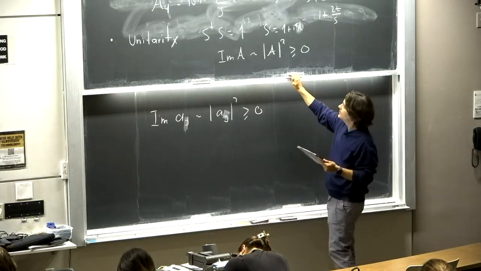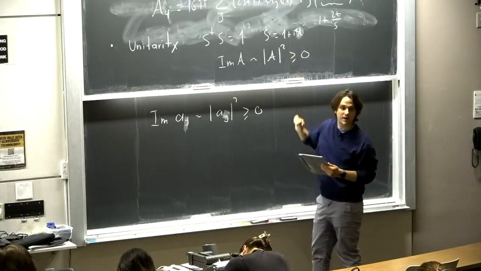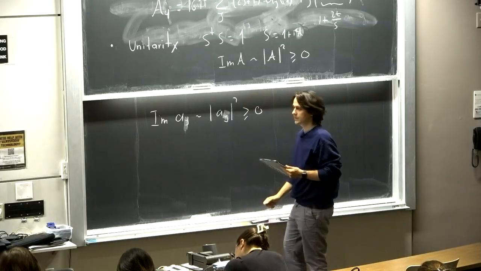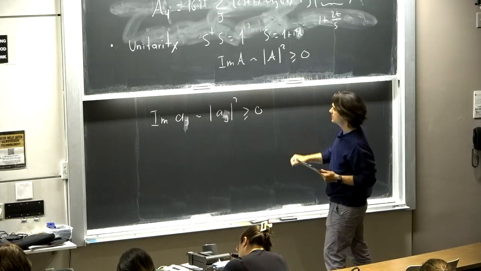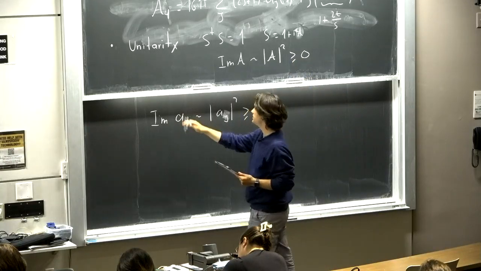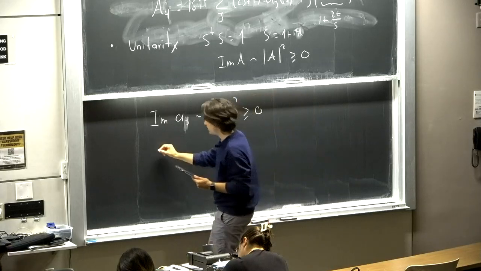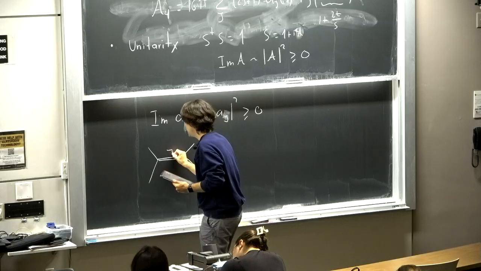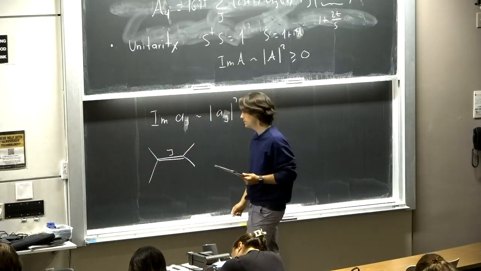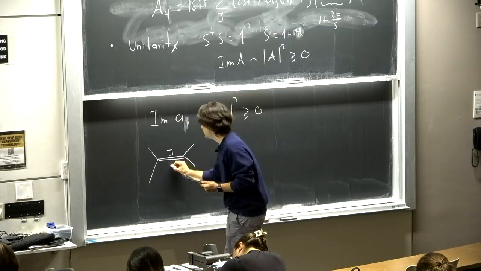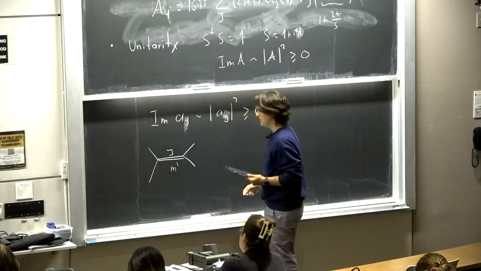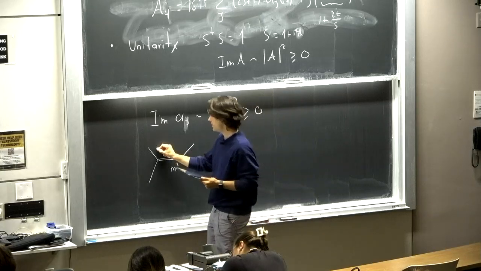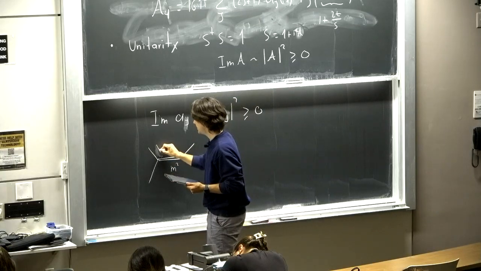Okay, so it seems that we don't know what these A's are, but we know something about them. We know that their imaginary part is positive. How should we think about these A's and about this imaginary part? If you think, for instance, about the scattering of some particle that has spin J and some mass M, then if you compute this sort of Feynman diagram, you will see that this thing goes like, okay, I have some coupling here, we call it lambda.